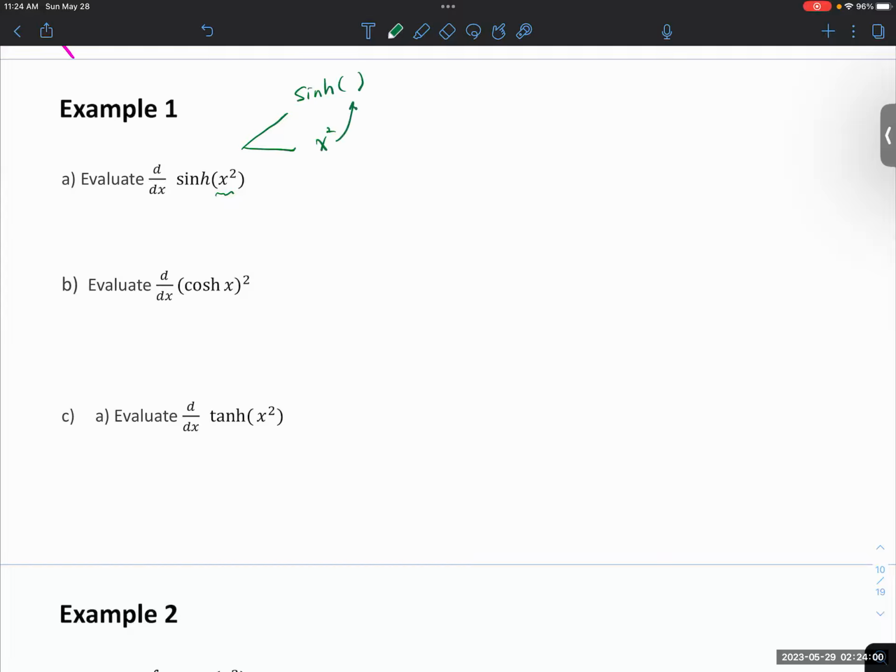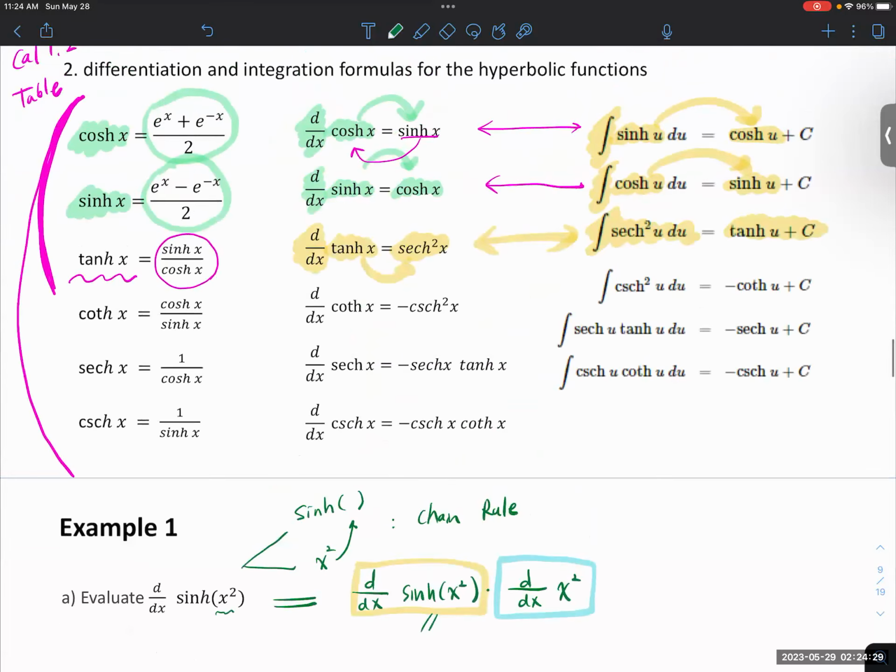This is exactly the chain rule. So you're going to take d over dx of sinh of x squared times d over dx of x squared. So this is outside, this is inside for the chain rule. When you take the differentiation of sinh, it's going to be what?